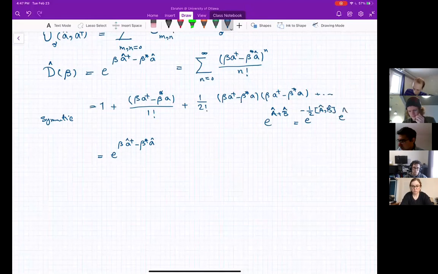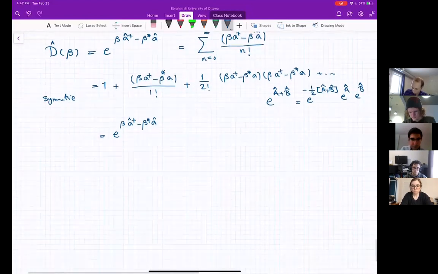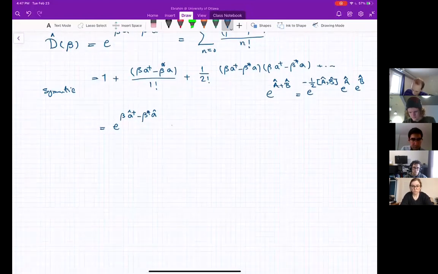Then we had e^a e^b. It was one of the cases of the Baker-Hausdorff-Campbell expansions. So we could get e^(−1/2 β²), or plus, I don't know.